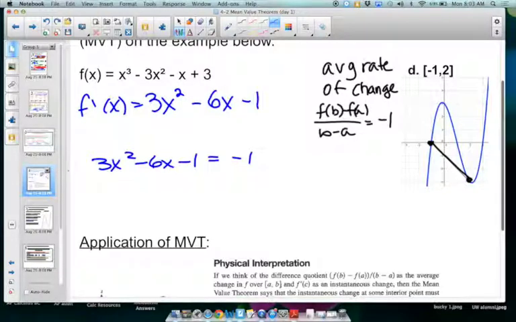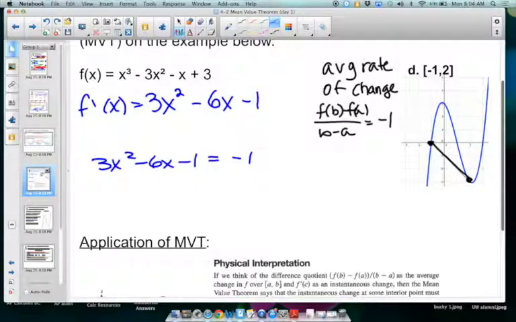So how do I solve that? How do you want to solve this? Probably involves some sort of factoring, right? We have an x squared term. So the first step of factoring is to do what?